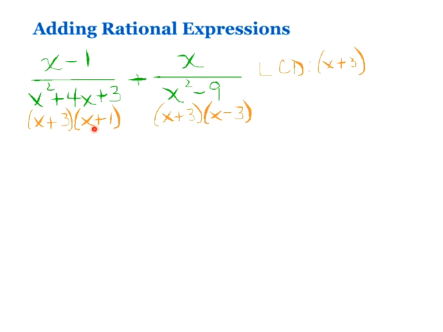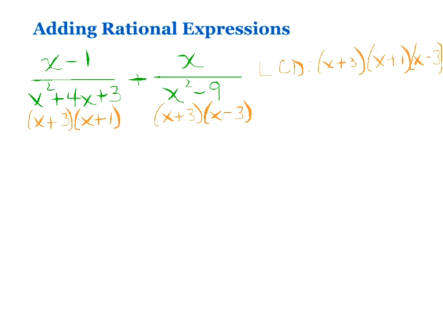I also have a factor of x plus 1. Since it only occurs in the first denominator and not in the second denominator, then I'm just going to use that x plus 1. And I also have this factor of x minus 3, but again, it's only in the second denominator, not the first. And so an x minus 3 will be needed as well.